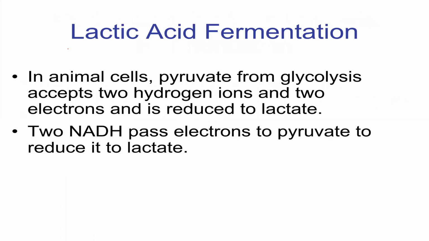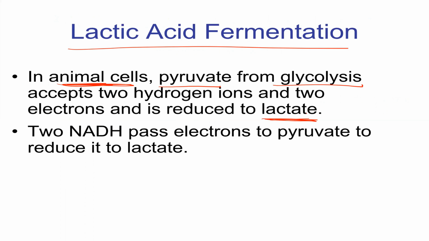So first off, let's talk about lactic acid fermentation. Again, this occurs in animal cells. So we have pyruvate from glycolysis, and it gets changed into lactate. So pyruvate becomes lactate in lactic acid fermentation.